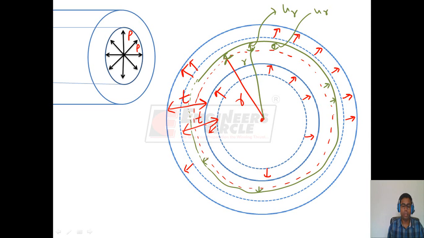For thickness T to remain the same, the displacement of point A to point B must be the same as the displacement of point C to point D.